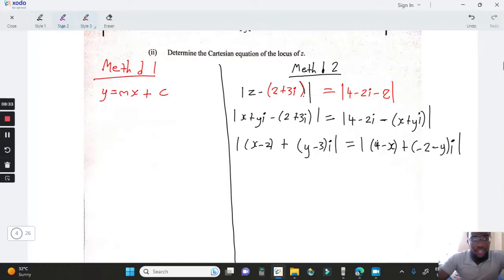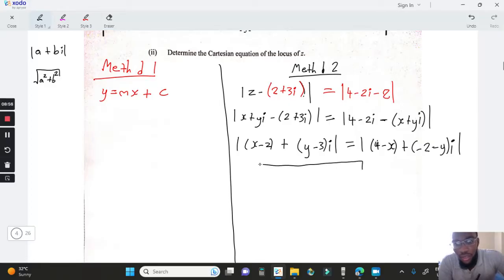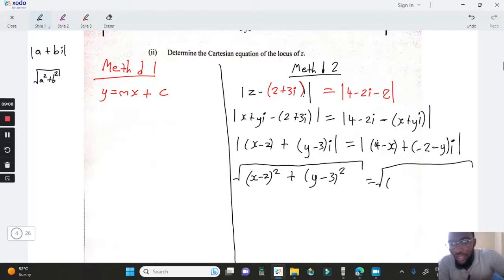Now remember, what does magnitude mean? If you had a vector or a complex number a plus bi, the magnitude of that means the square root of the real part squared plus the imaginary part squared. So in this case, the magnitude is the square root of the real part squared, x minus 2 squared, plus the imaginary part squared, equal to the square root of the real part squared plus the imaginary part squared on the other side.